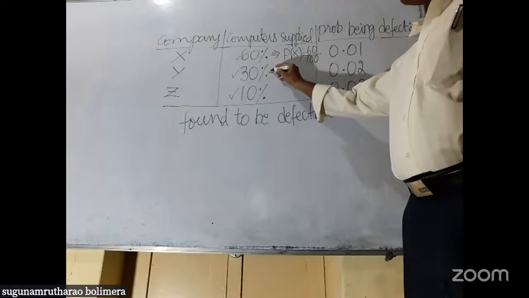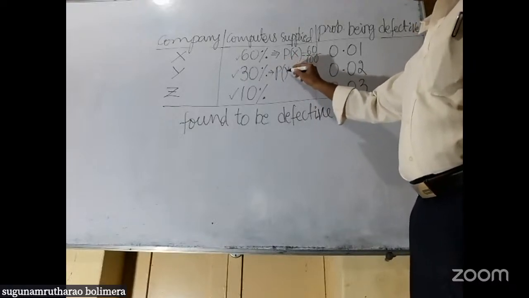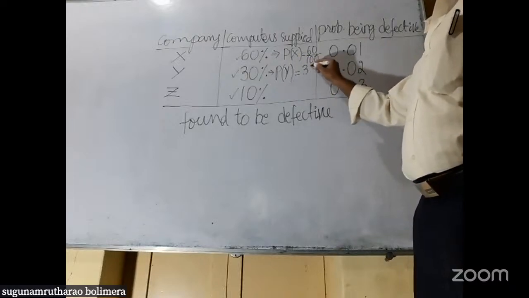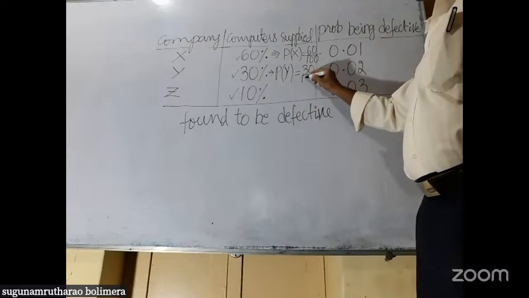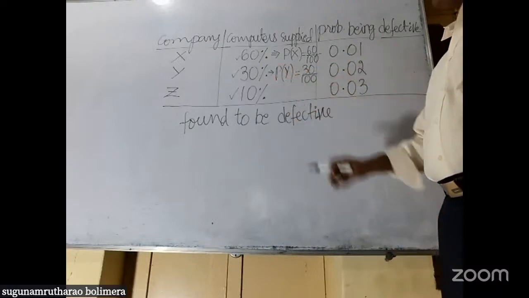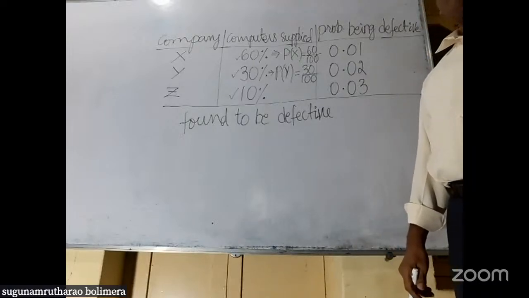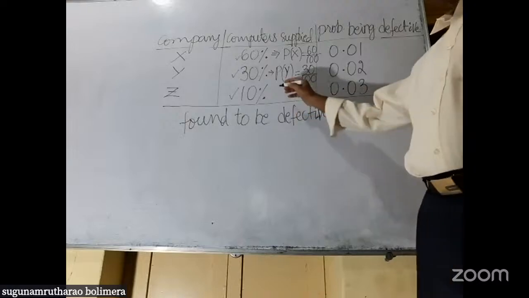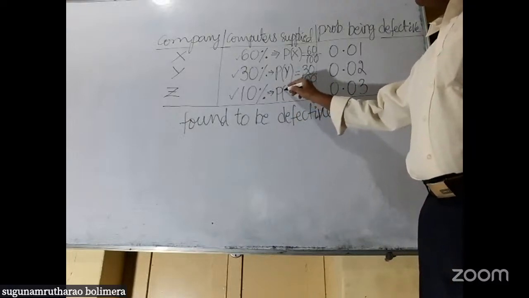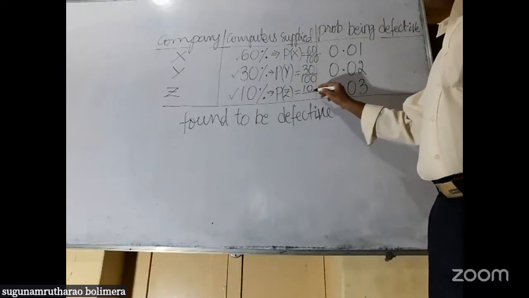Probability that Y supplies equals 30 by 100. And the probability that Z supplies equals 10 by 100.